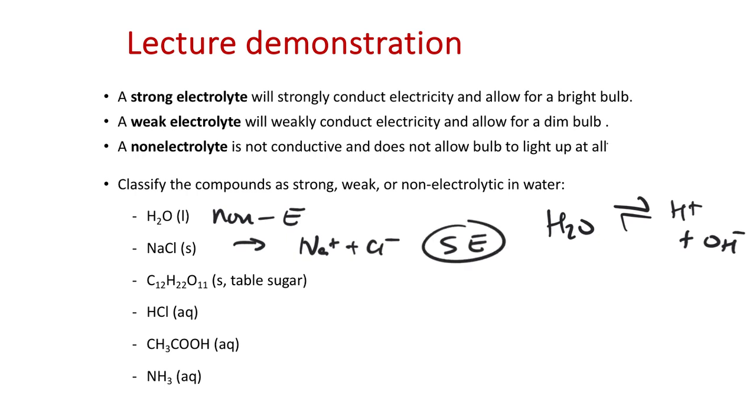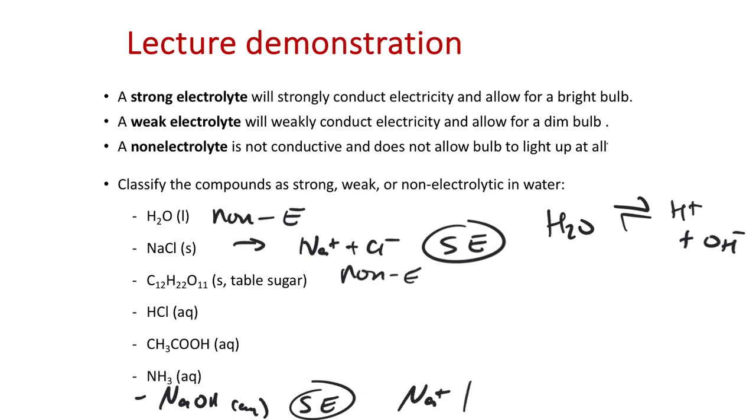Table sugar was a non-electrolyte we've seen from our demo here. And then we've looked at, so far, sodium hydroxide, that this was a strong electrolyte because it strongly lit up the light bulb, and we can see that we're getting the sodium plus and hydroxide ions is the explanation. So we're getting the full ionization to these ions here.